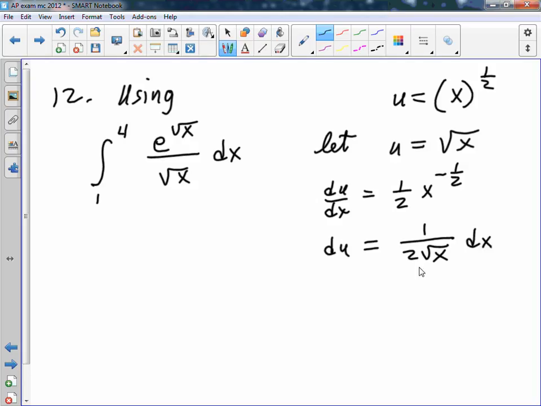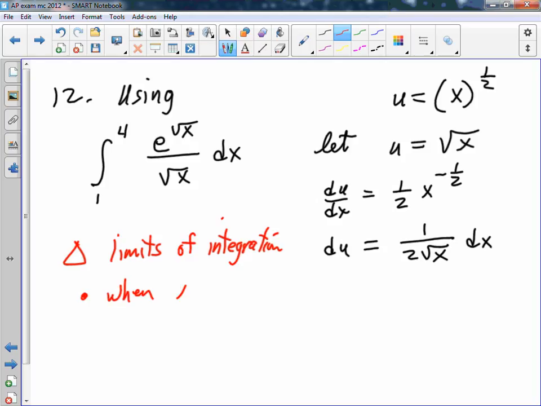Now, at this point, let's change our limits of integration. So when x equals 4, well then u equals the square root of 4 equals 2.